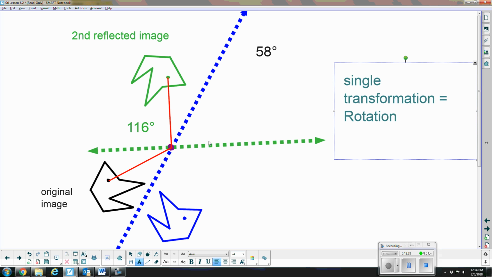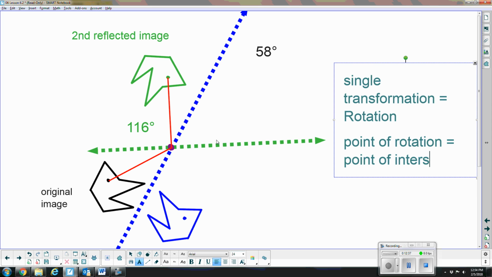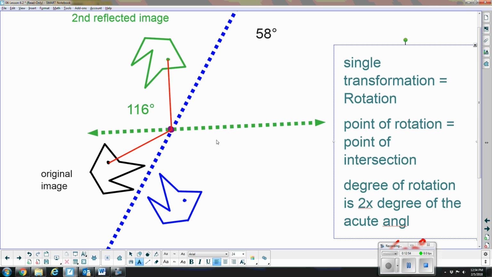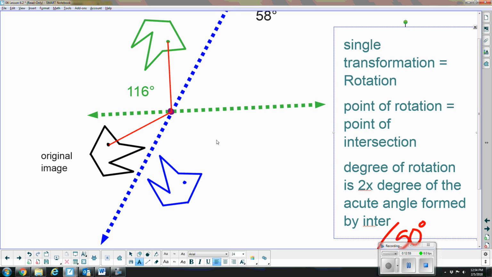And secondly, the point of rotation is the point of intersection. And then lastly, the degree of rotation is 2 times the degree of the acute angle formed by the intersecting lines.